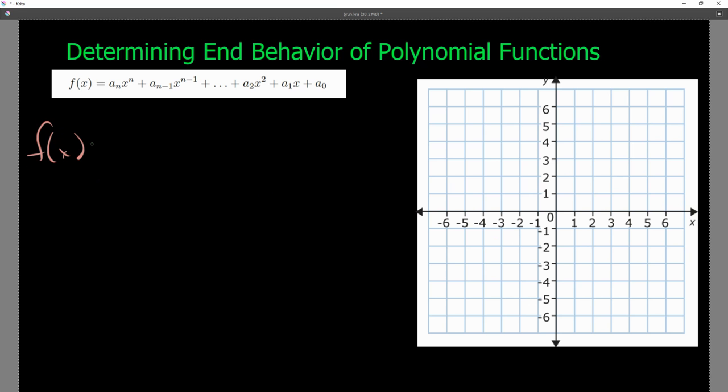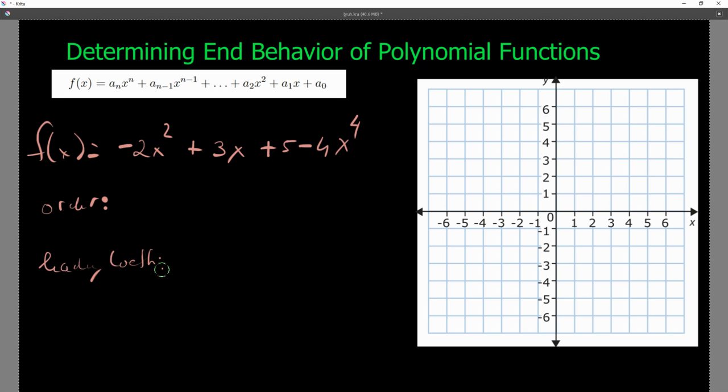All right, let's try another. I have f of x is equal to negative 2x squared plus 3x plus 5 minus 4x to the 4th power. Let's find the order and the leading coefficient. The order is the largest exponent. This one is 1. This one is 0 because it doesn't have an x. This one is 2. This one is 4.